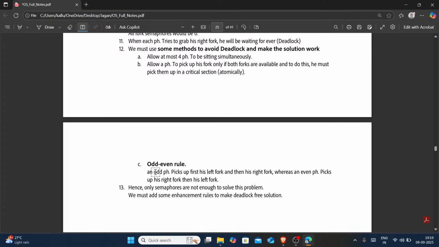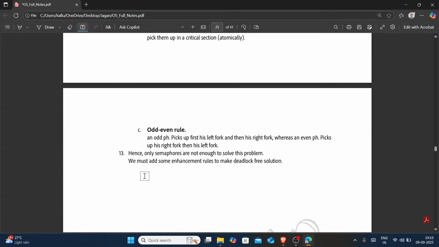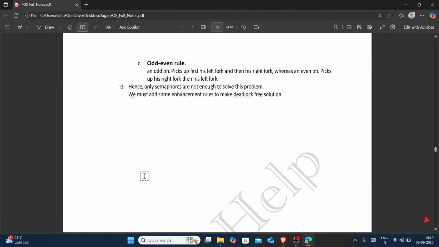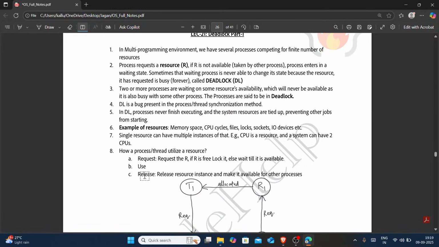Since only semaphores are not enough to solve this problem, we must have some enhancement for the solution. Deadlock.